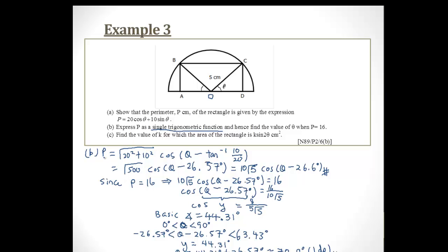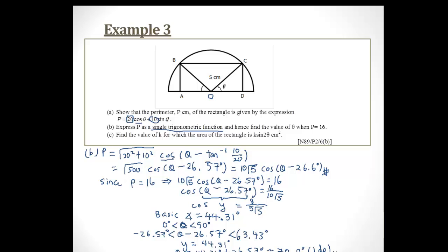So, we take P equals, to find the value of R, I take 20 squared plus 10 squared, and the whole thing square root. Since the first term is cosine, I'll then use the cosine function.